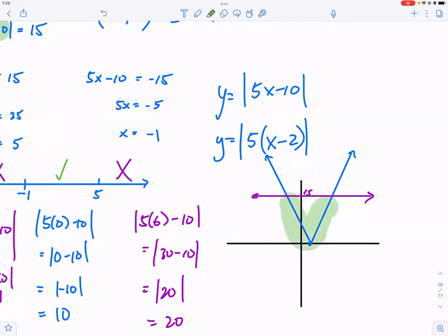And since you found the x values of the intersection, which are negative 1 and 5, if you know the graph, and if you're doing the multiple choice test, you can easily tell the solution is going to be between negative 1 and 5. It has to be, because graphically, that is the only portion of the absolute value graph being less than the linear graph of y equals 15.